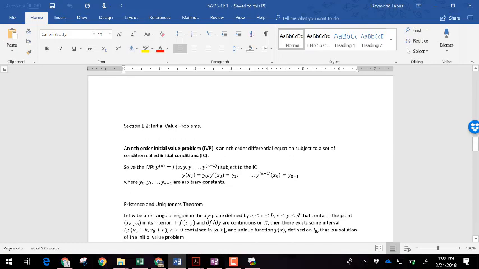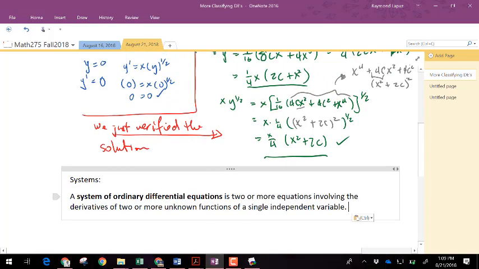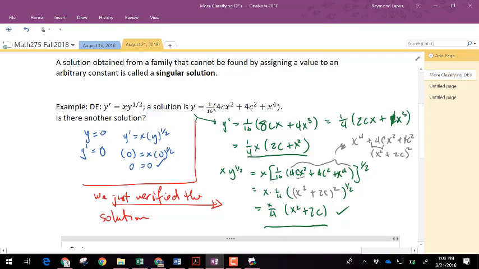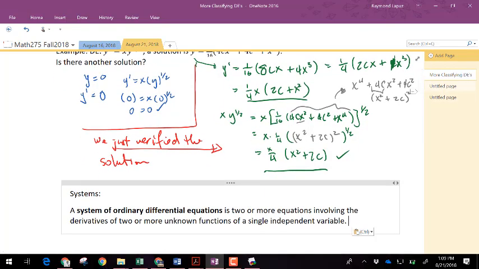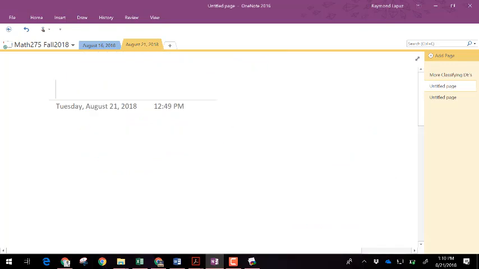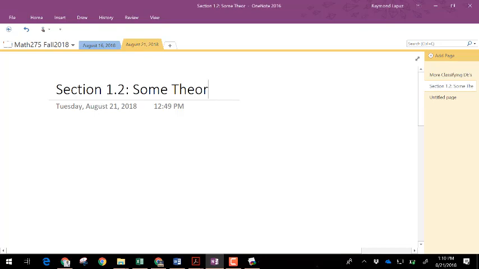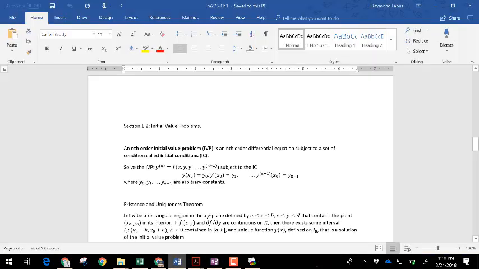All right, that's where we should have ended last time. So now let's talk a little bit about the theory of some differential equations.